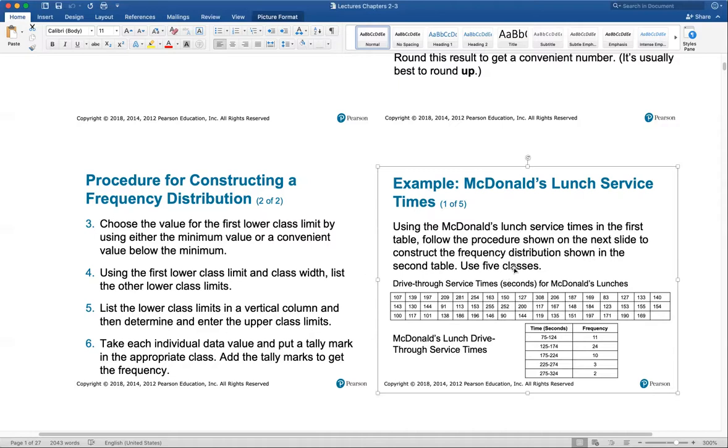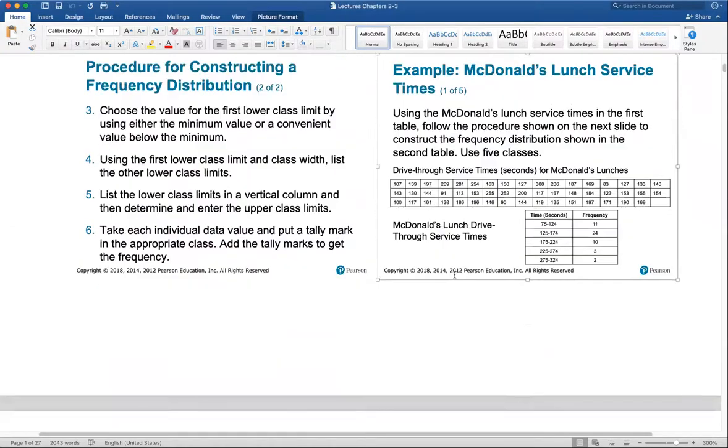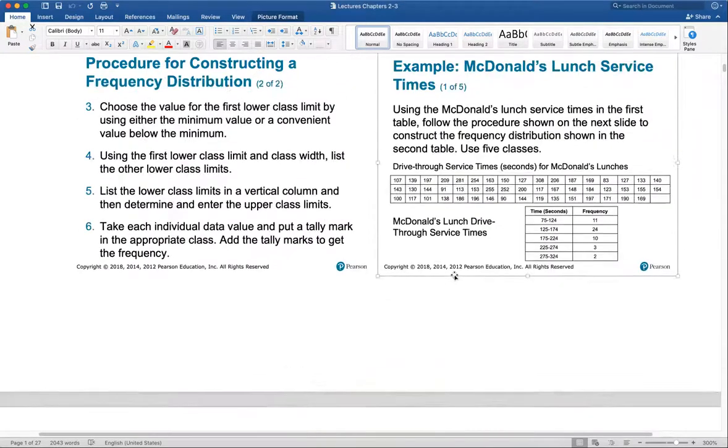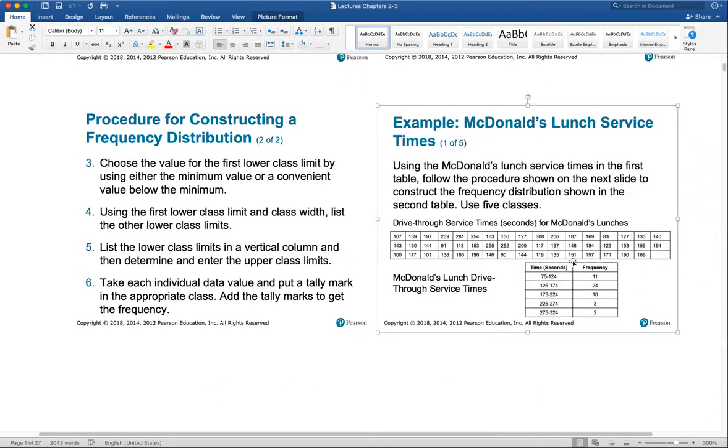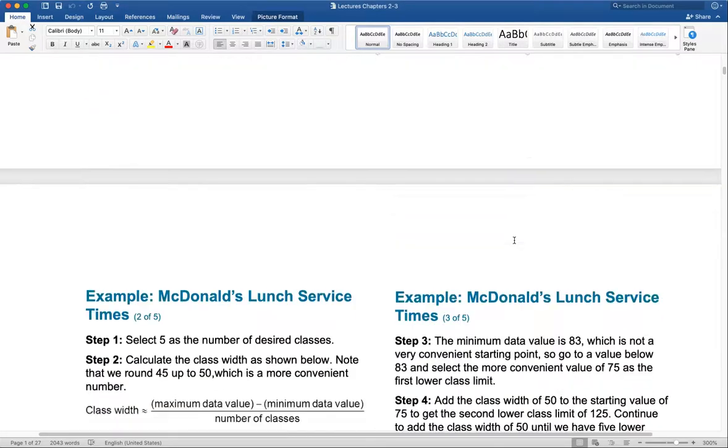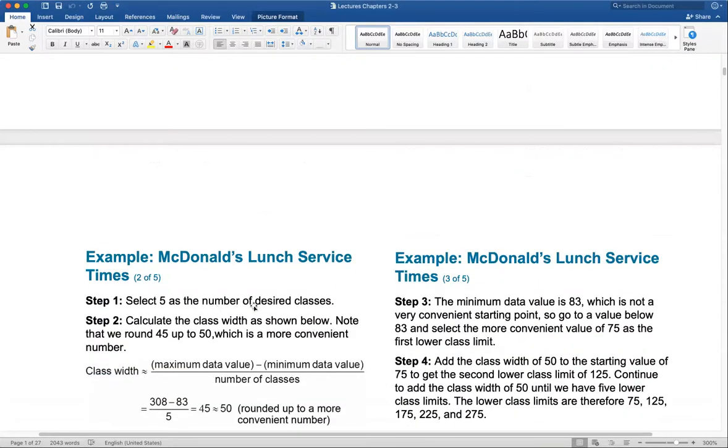Follow the procedure shown on the next slide to construct the frequency distribution shown in the second table. Use 5 classes. So the number of classes is given, right? Step one, select 5 as the number of desired classes, because the problem says that.